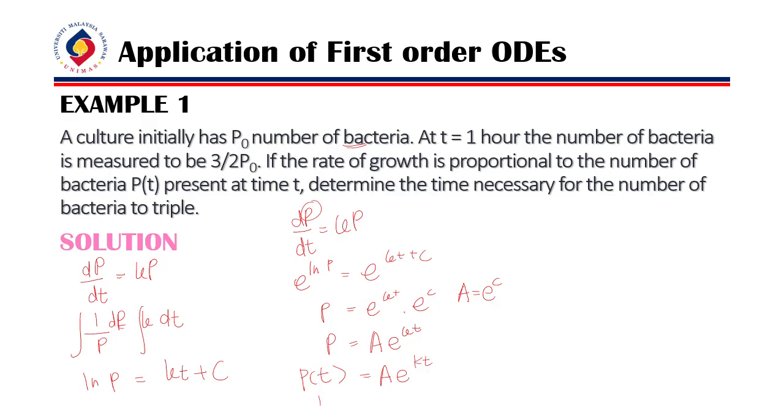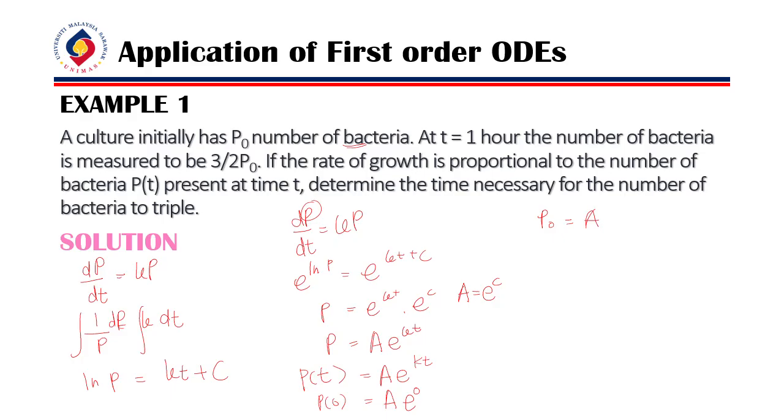So P(0). Let's say a is constant, e^0 is equal to 1. So that means when t is 0, P sub naught, P naught here, is equal to the constant a.